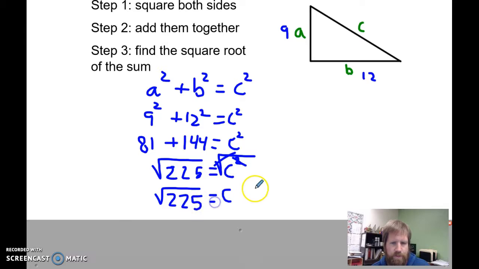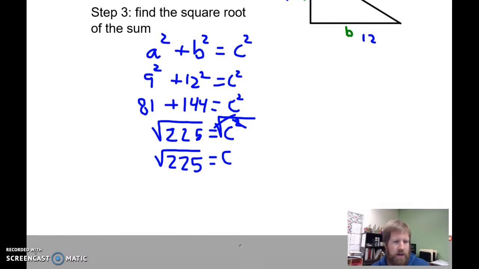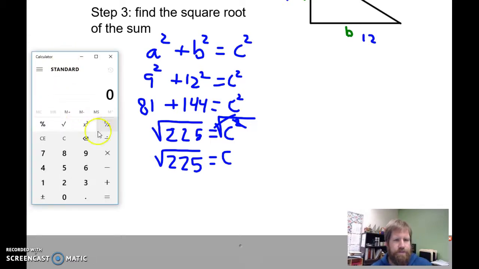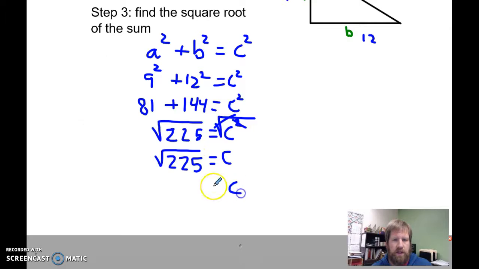225. And then that one, because it's over 144, I would say just plug that into your calculator and let that do the math for you. So we have the square root of 225, and that's 15. So c is going to be equal to 15.